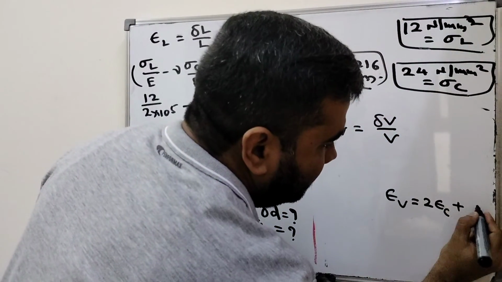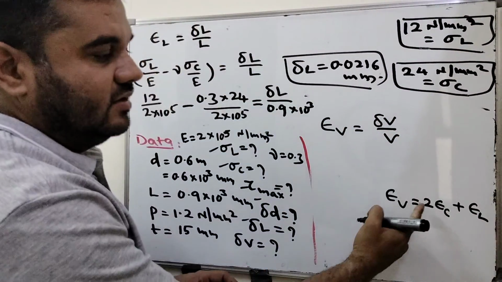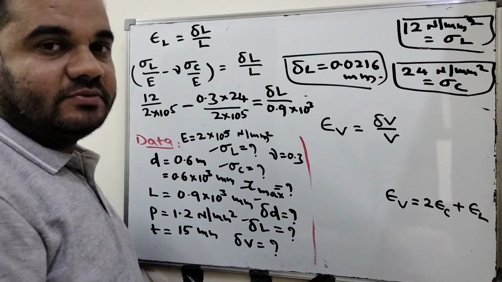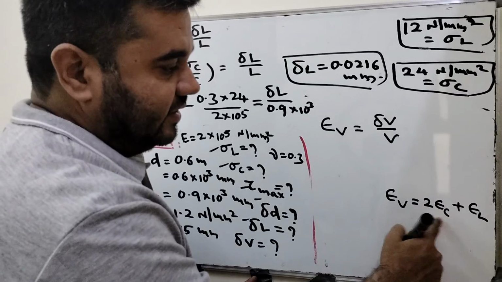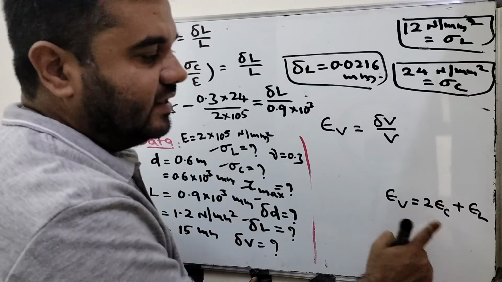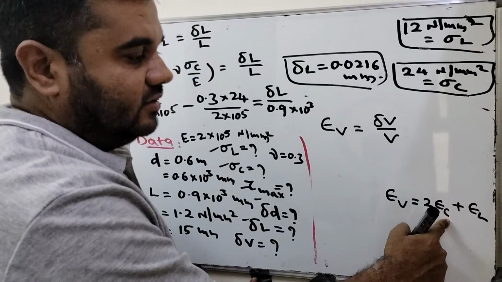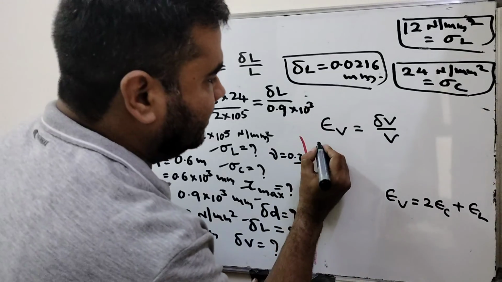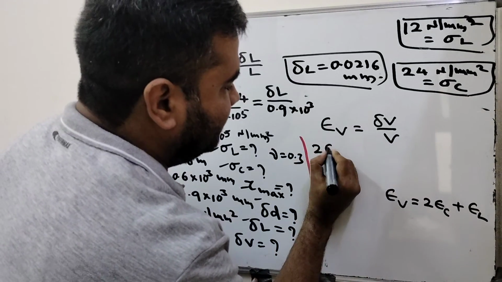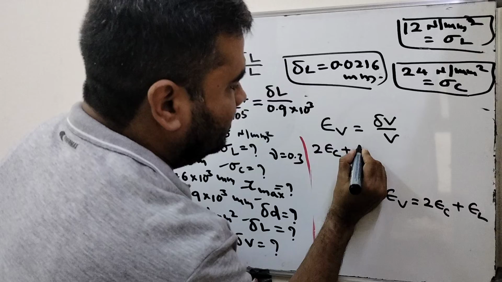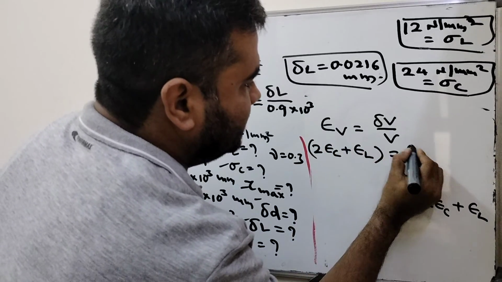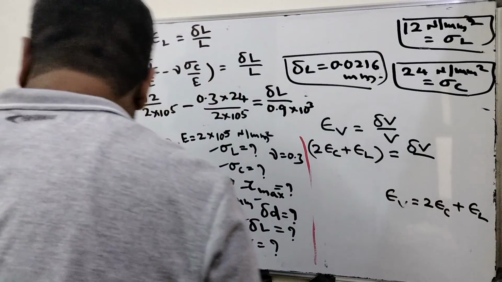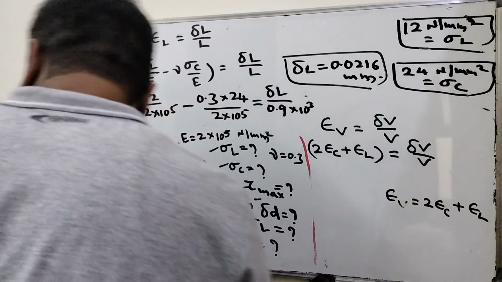This is the equation I gave in the previous video. You just check it. Now I'll substitute here: 2 times circumferential strain plus 1 time longitudinal strain equals change in volume divided by original volume.